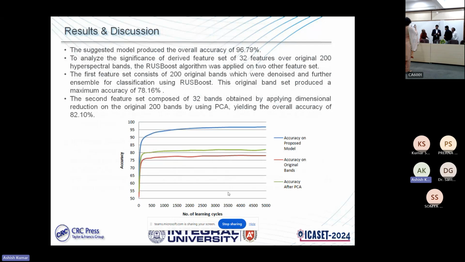The original band set produced a maximum accuracy of 78.16%. The second feature set, composed of 32 bands obtained by applying the dimensional reduction technique, PCA, to the original 200 bands, yields an overall accuracy of 82.110%.